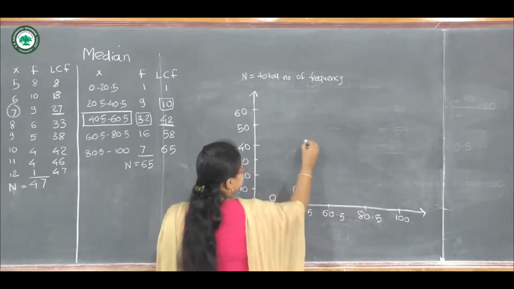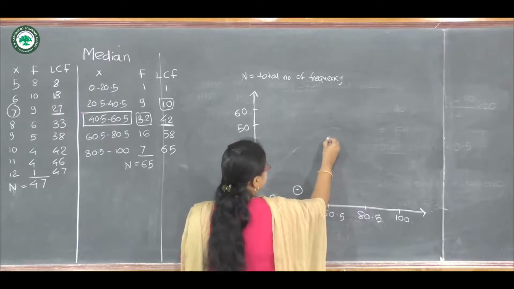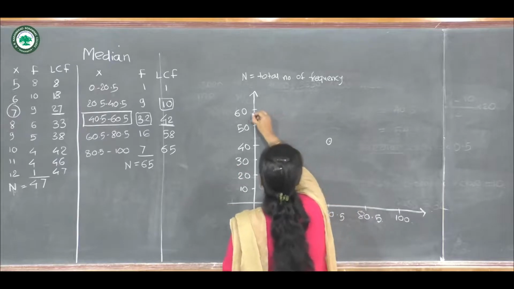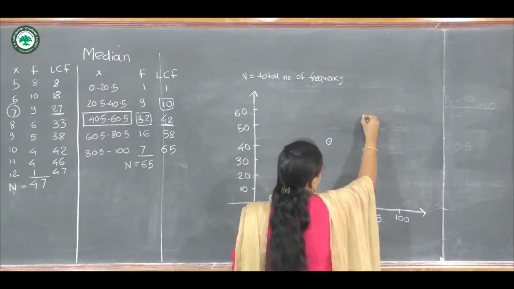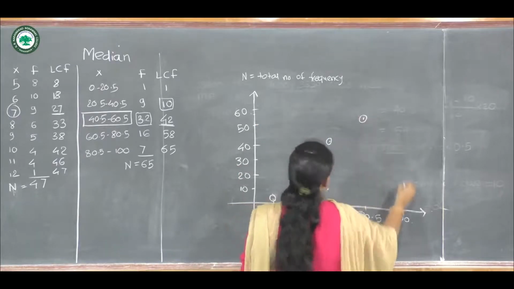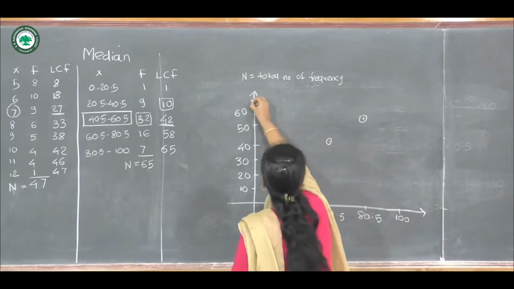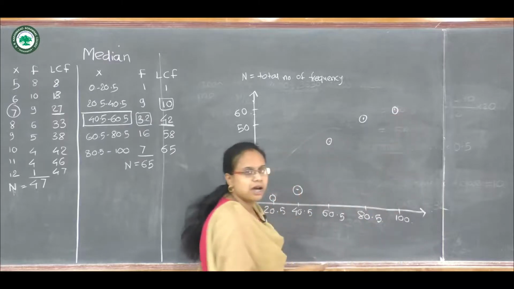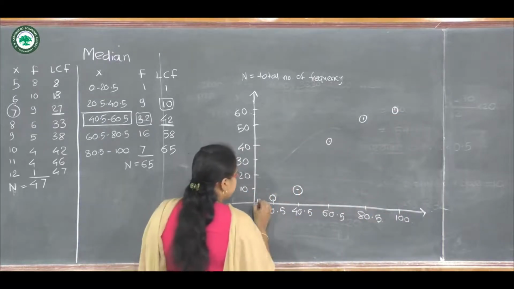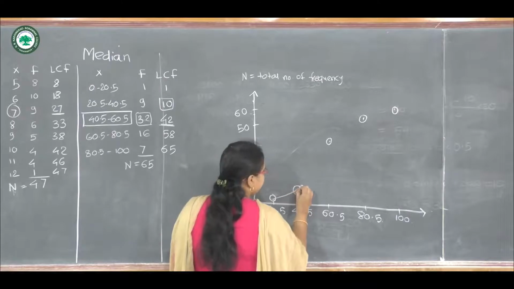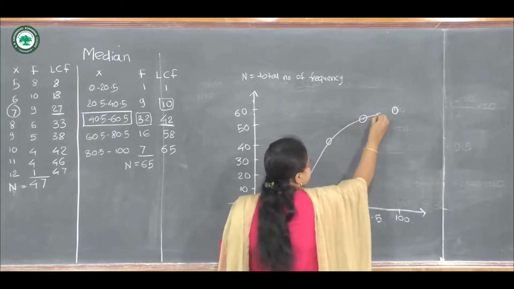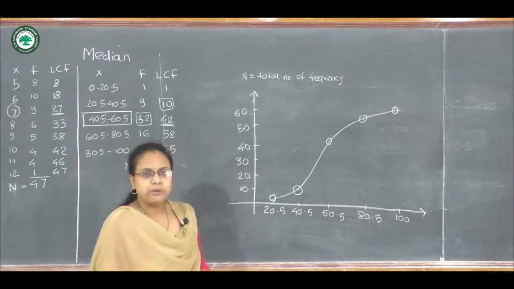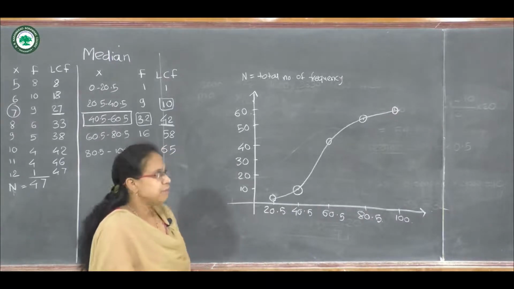So here approximately it is 42. For 80.5 it is 58, and for the last it is 65. So I am drawing this graph with approximation. So this is our less than cumulative frequency curve, and now we will draw the median.